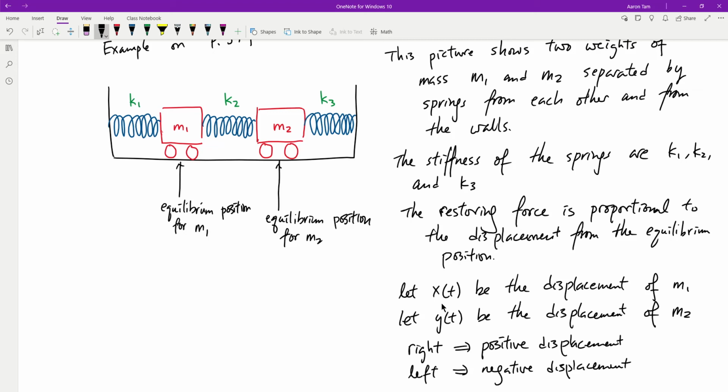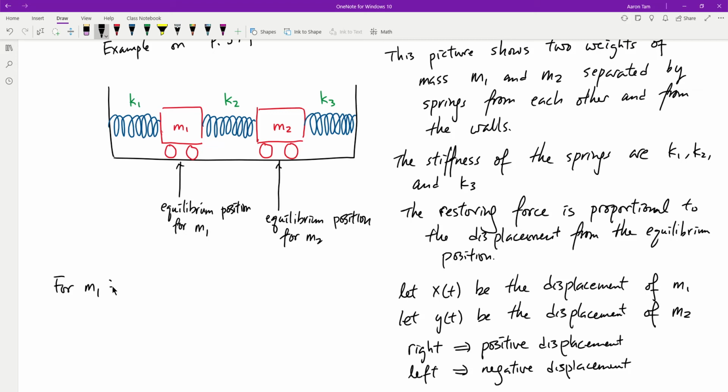Let's look at M1. For M1, how would this thing be affected? What would cause it to move? And by what amount? What happens in this system that would generate some kind of force that would act on M1? Well, let's try to figure it out.